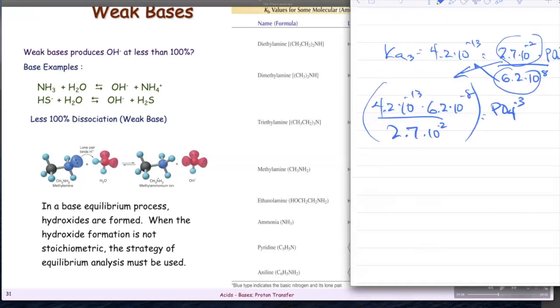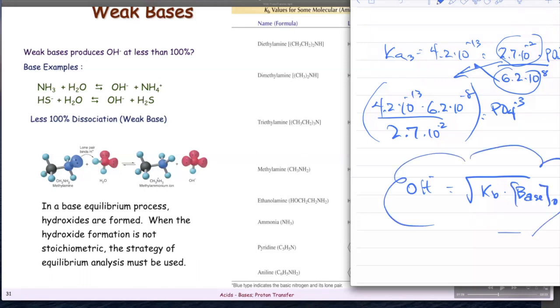When you're dealing with base, the hydroxide ion concentration is what you're after, and that is equal, again, to the square root of the Kb times the initial concentration of the base. So this is a quick shortcut to figure out the hydroxide ion concentration.